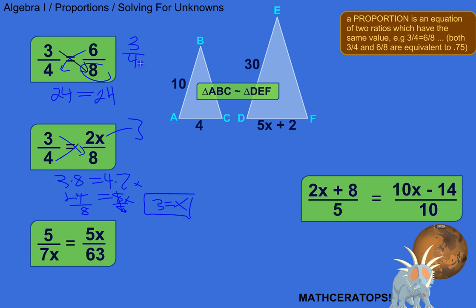Well, you multiplied the denominator and numerator each by 2, because 4 times 2 is 8, and then 3 times 2 is 6, right? So you're scaling this ratio up by a factor of 2.